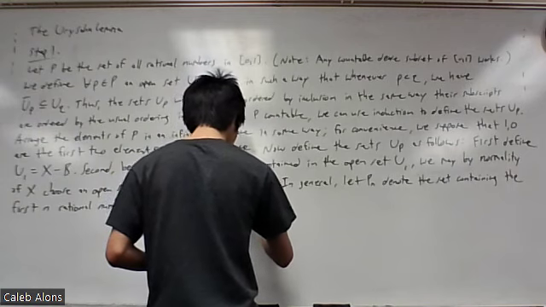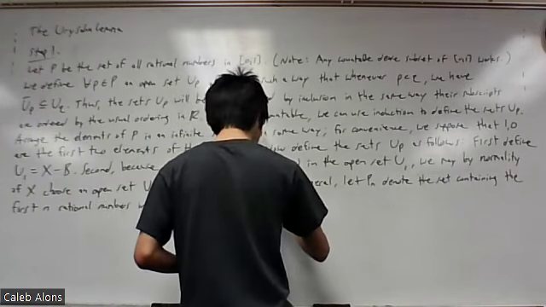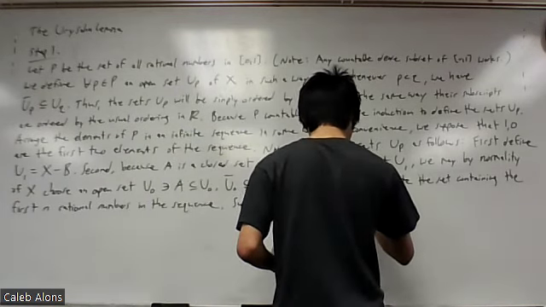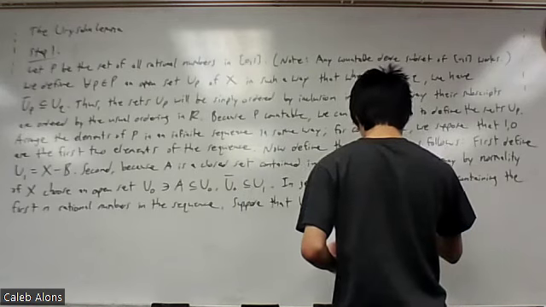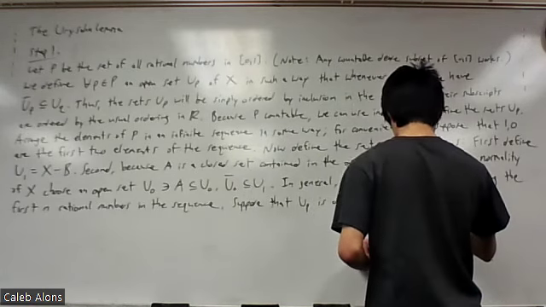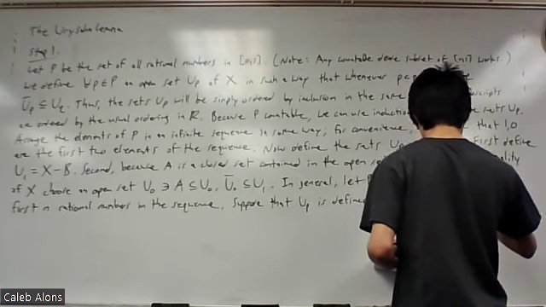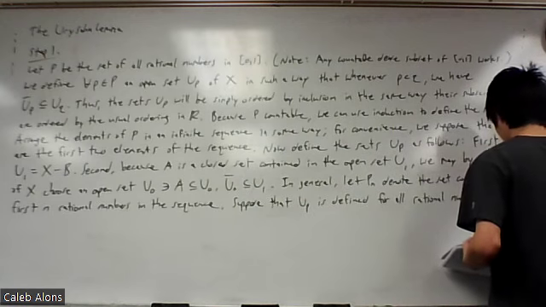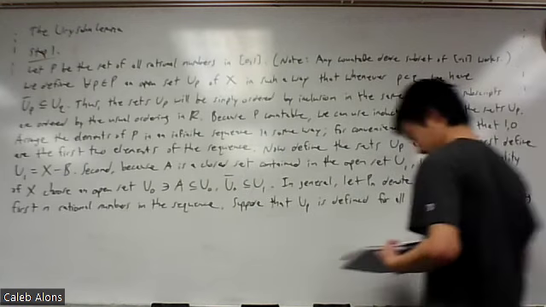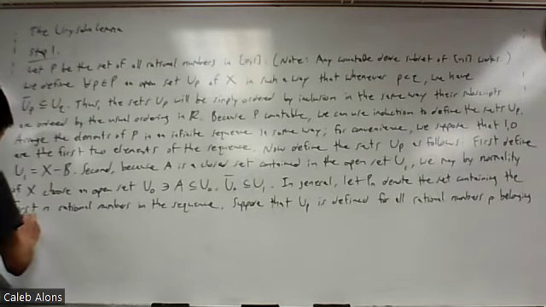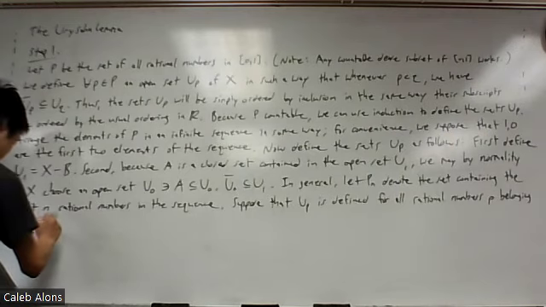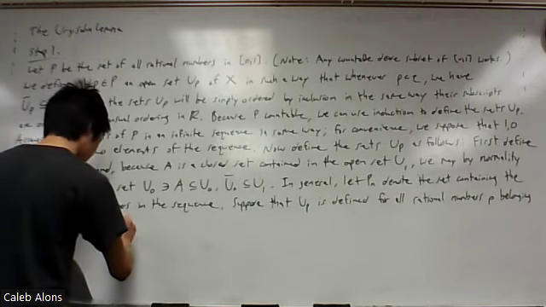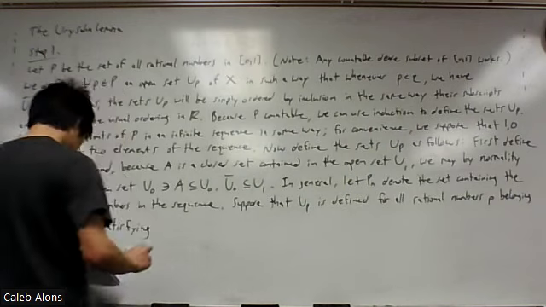Suppose that U sub p is defined for all rational numbers p belonging to this finite set P sub n, where we're satisfying this important property that we will see quite often here.